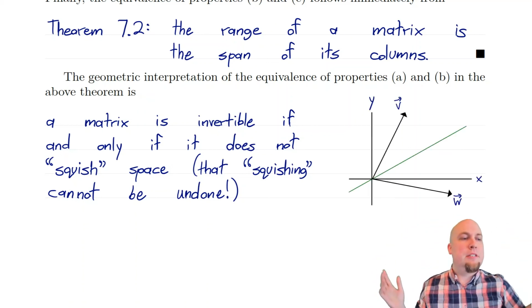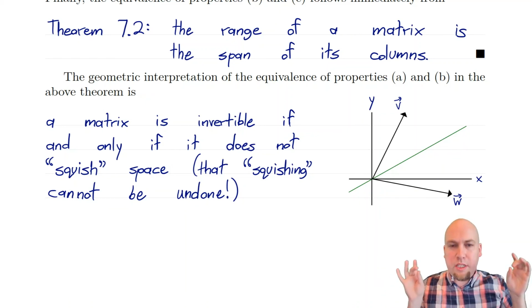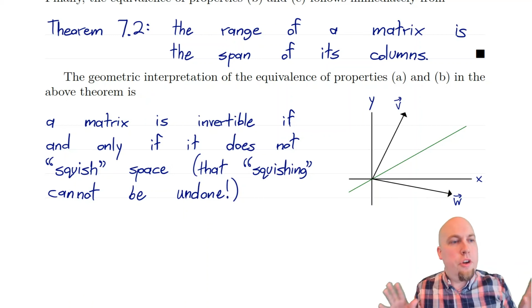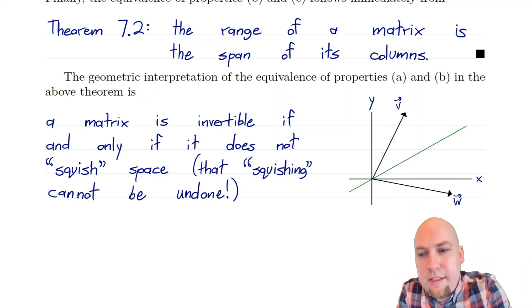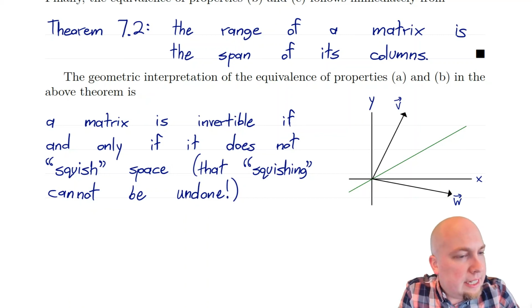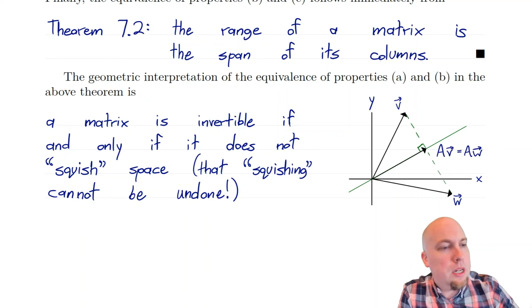There's no way to undo that throwing away of information, and this relates back to a picture that we've seen earlier. When we first introduced invertibility of matrices, we noted that projection matrices are not invertible. The way to think about that geometrically is that there are different vectors that get mapped to the same spot. They get projected down onto the same spot on the line.